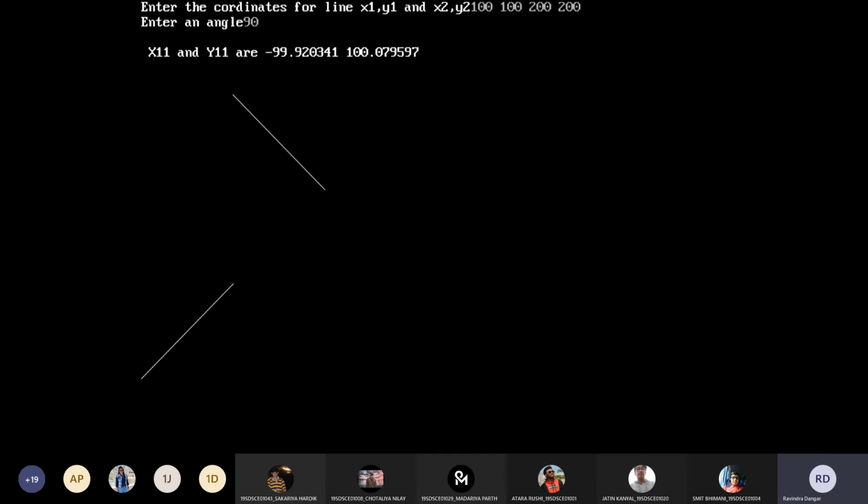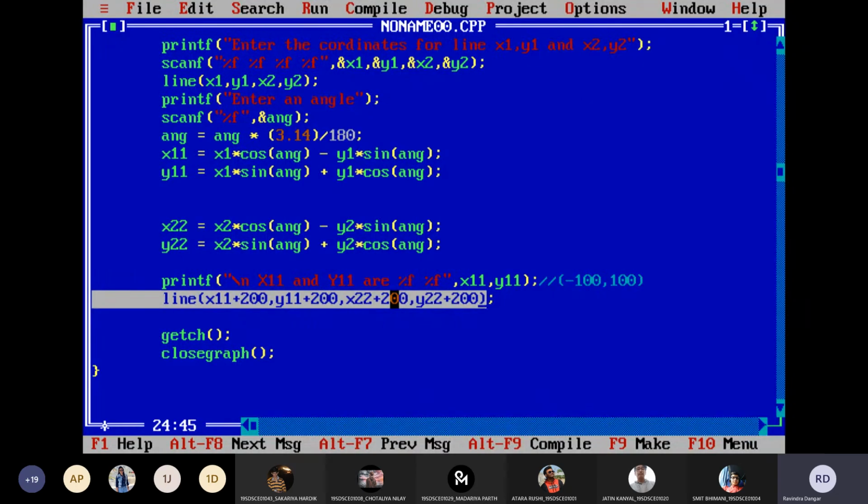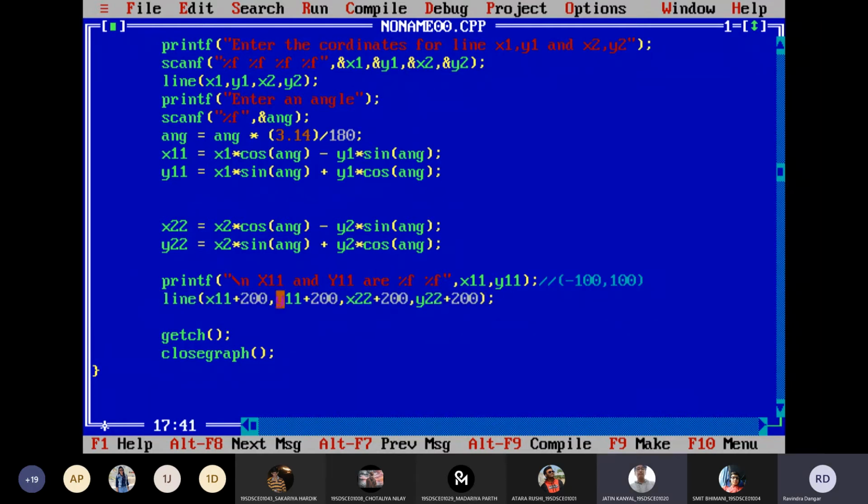Now what we will do is perform the same thing, but instead of rotation with respect to origin, let's try to use the equations for rotation with respect to a reference point. Now tell me which point I should consider as a reference point. Sir, x2, y2. Okay, so we are not going to use this.